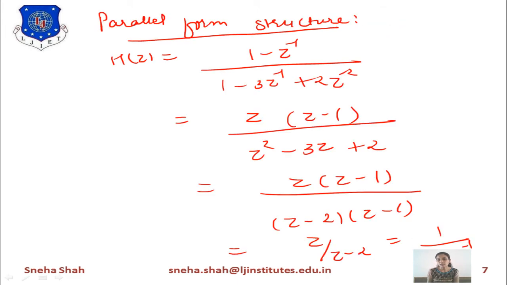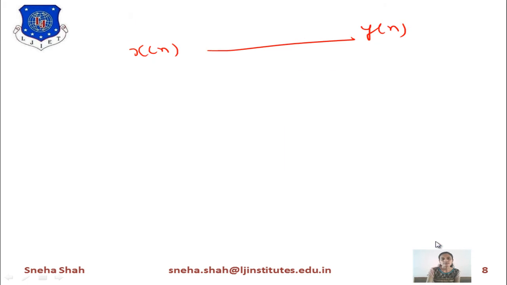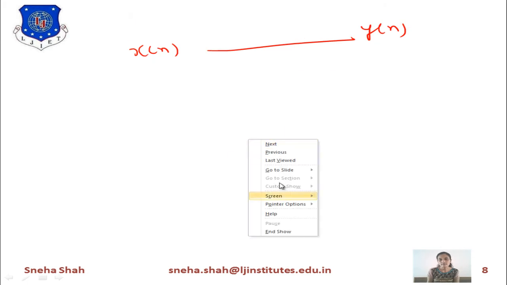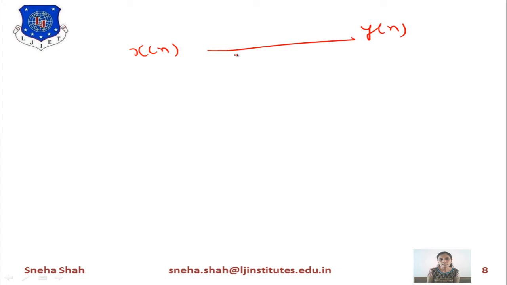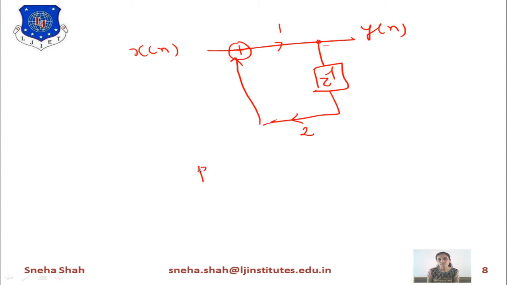Since there is only a denominator part, using the direct form 2 structure we represent it with a plus and then the z inverse term. For the denominator, the value is 1 and the sign changes, so minus 2z inverse is represented as plus 2. The addition of these two terms gives the final output y of n. This is how we draw the parallel form structure.